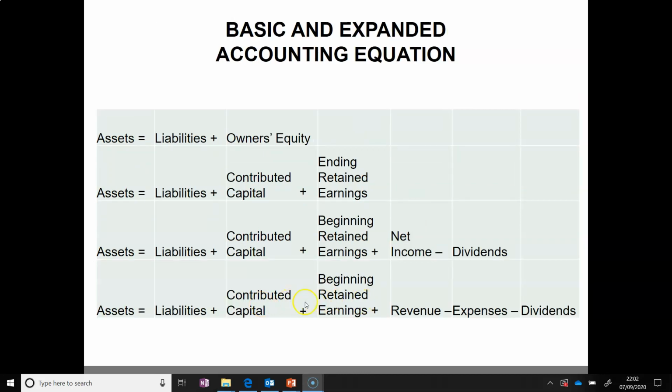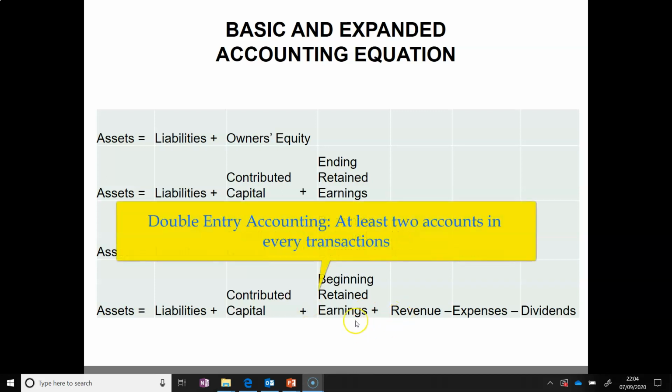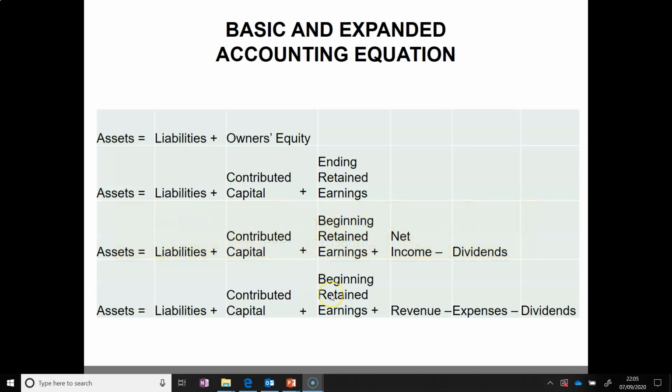This expanded view of the basic accounting equation now presents the income statement and the balance sheet combined. This leads us to the double entry accounting system. That means that for every transaction there are at least two accounts affected. This is essential for the balance sheet equation to balance on both sides.